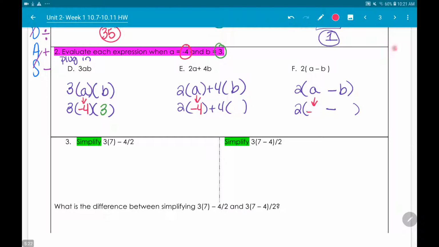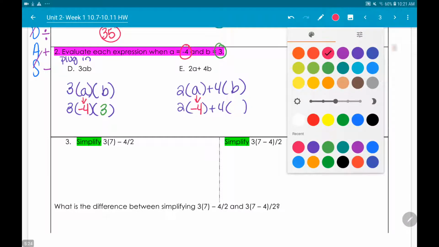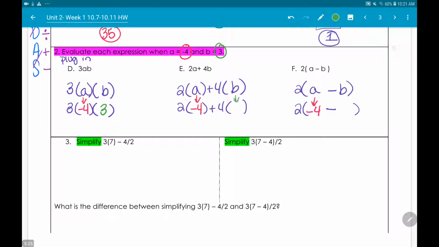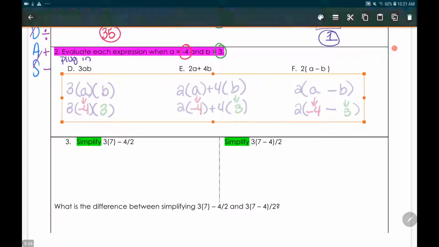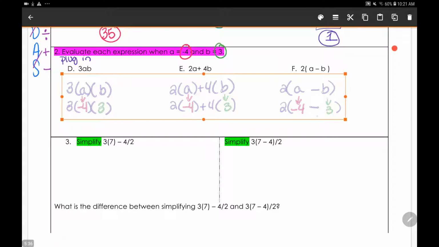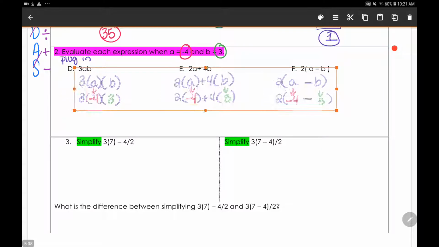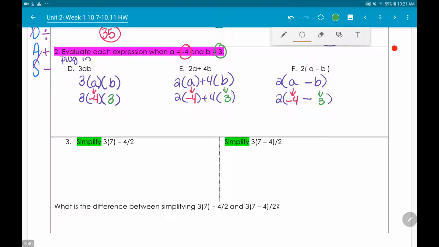So wherever I have an A, I'm going to plug in -4. And B was 3. So I'm going to go ahead and plug in 3 for B. Now, in order to simplify these, I'm just going to go ahead and do the same thing that we just did in part 1, which is simplifying using my order of operations.